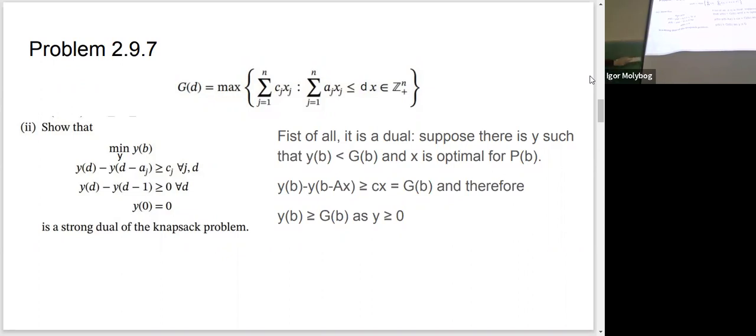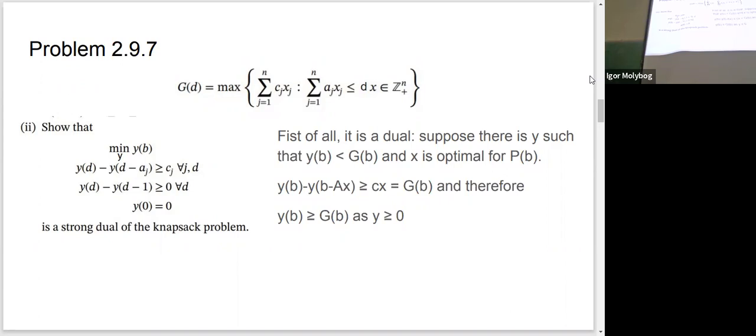So let me write this down more explicitly. Let's say that our x is this thing, 2, 3, 1, and our A consists of three values: A1, A2, A3.